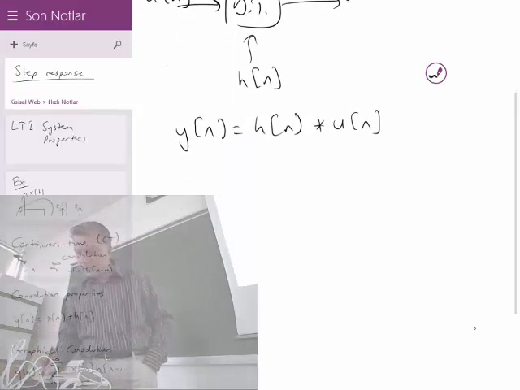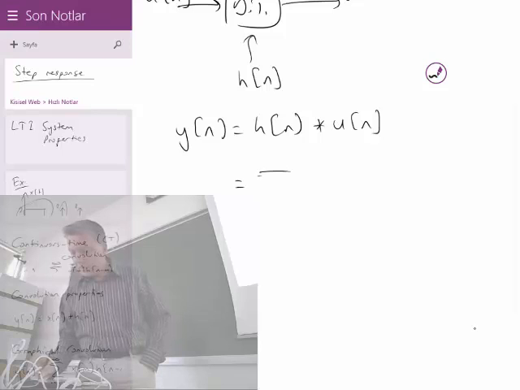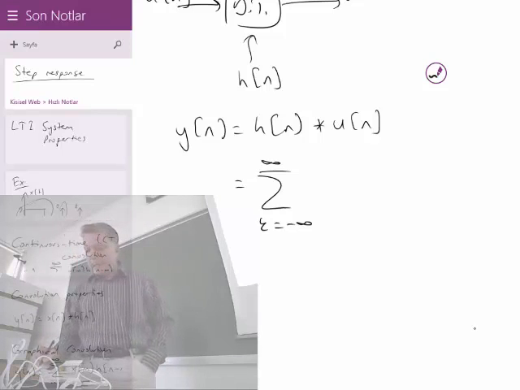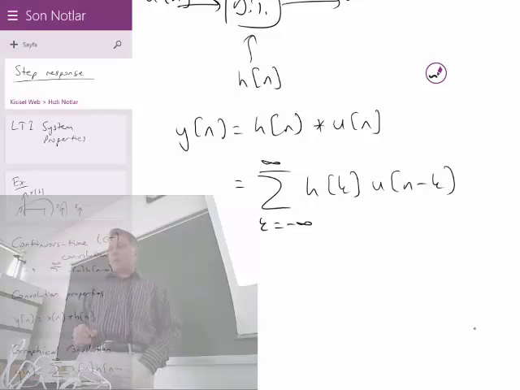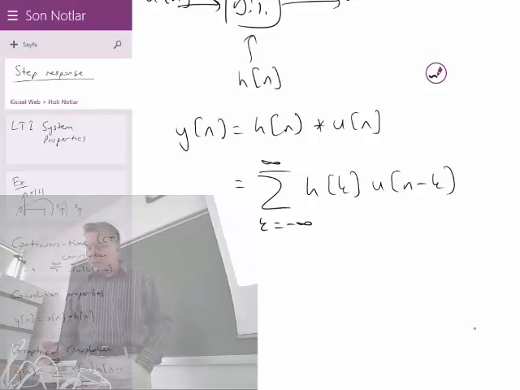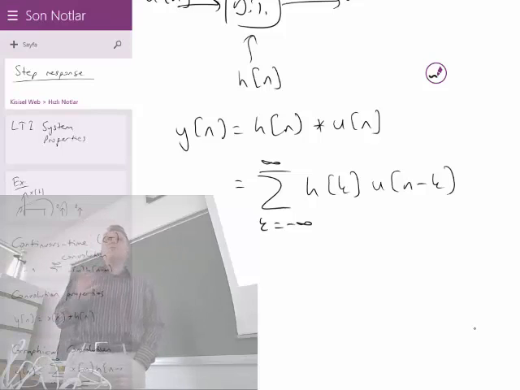And what is that convolution? Sum over k from minus infinity to infinity of h of k, u of n minus k. Is that okay? The convolution in discrete time. That's fine. Now, this u of n minus k clearly has some properties. First of all, it is either 1 or 0. When is it 0? When is it 1?